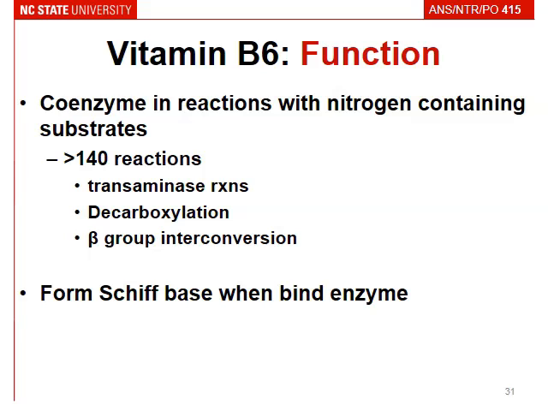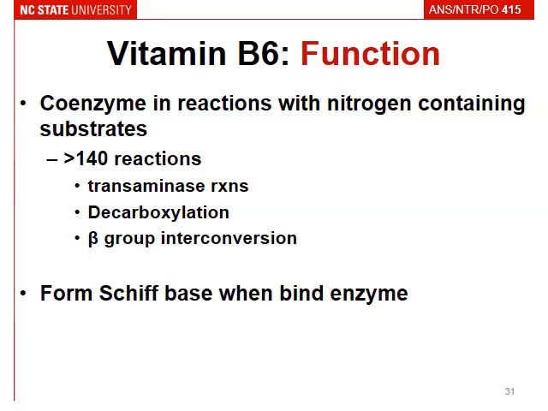So our B6 has a lot more functions. It's significantly involved in our one-carbon metabolism, but unlike folic acid and B12, it has significantly more functions than just that. So it's actually a coenzyme with many of our nitrogen-containing substrates.